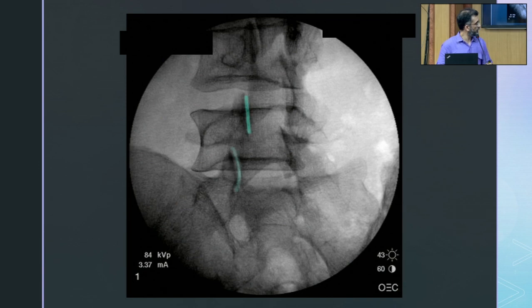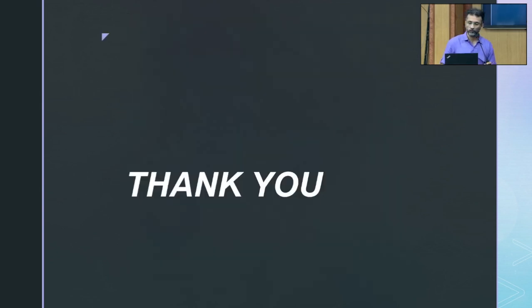This is the facet joint. This is the site for your transforaminals. So even if you cannot see the Scotty dog, the most prominent structure below the pedicle is your foramen. This is the site for your discal procedures. Dog, facet. Thank you. Any questions?